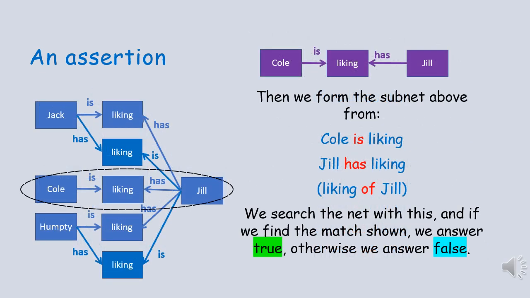Then we form the subnet above from Cole is liking, Jill has liking, liking of Jill, and we then search the net with this. And if we find the match shown to the left, we answer true, otherwise we answer false.